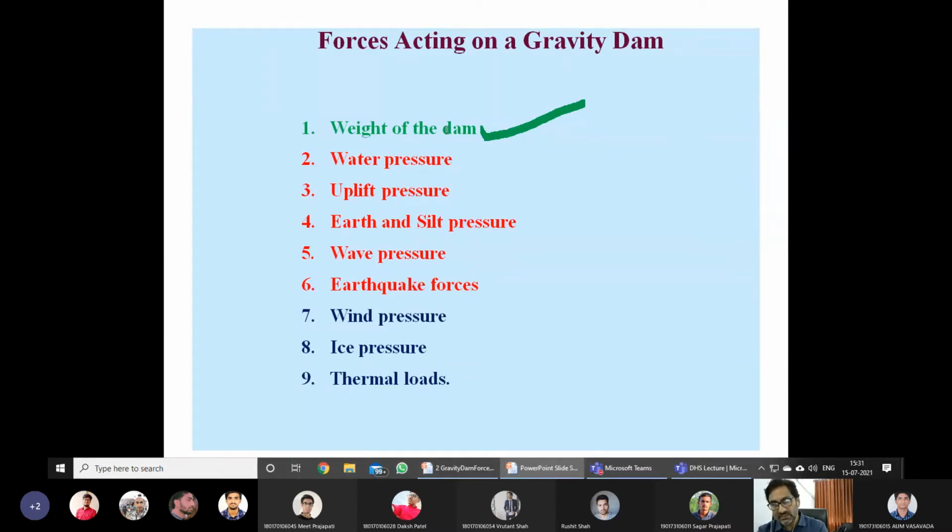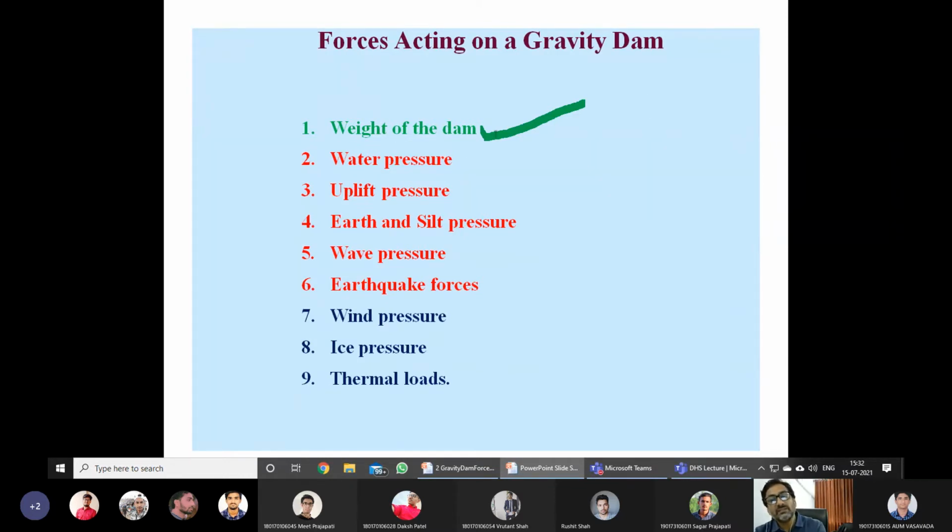By pouring more concrete. If you dump more and more concrete, the weight and stability would increase. But if you go to more and more concrete, it becomes uneconomical. So financially it won't be a viable project in that case.